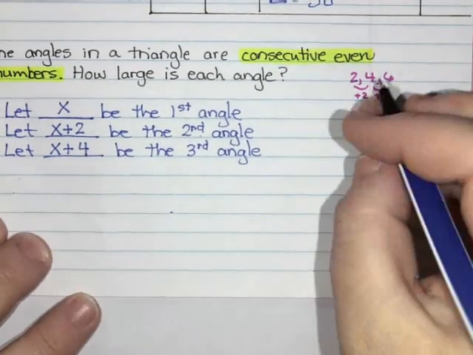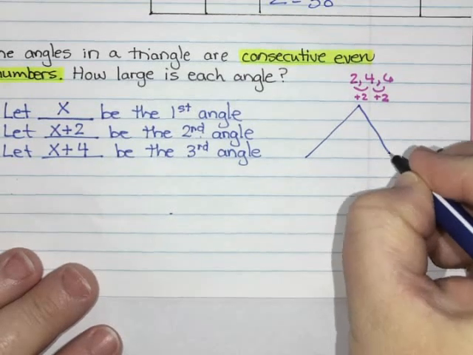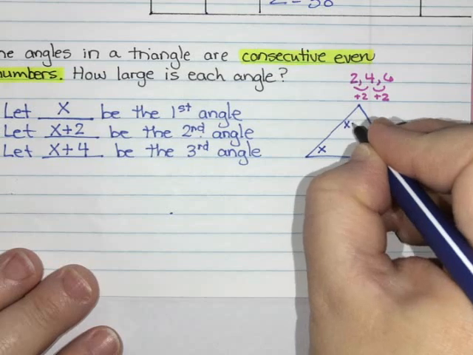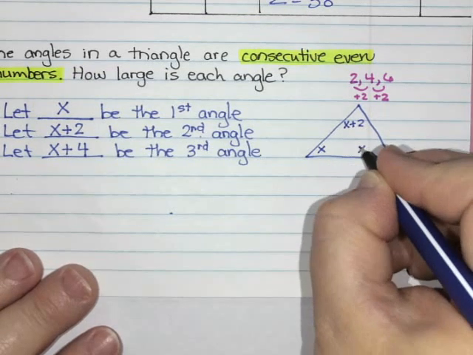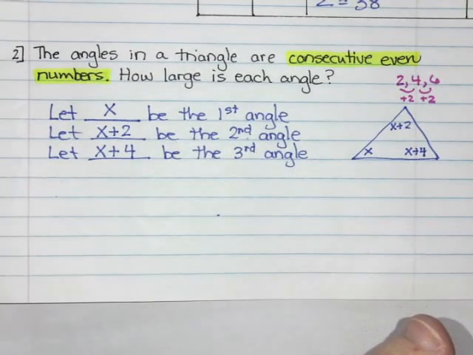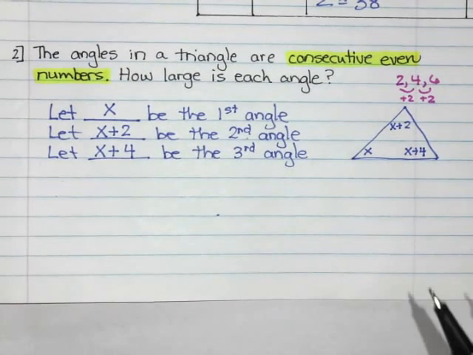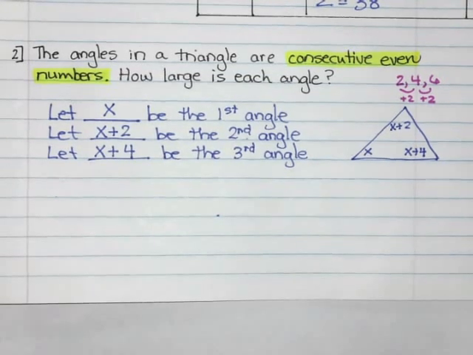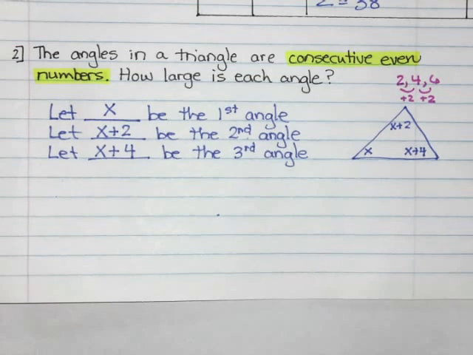And I think I might just draw myself a random triangle. I'm going to call this x, x plus 2, x plus 4. Now, normally in a word problem, it would have told me what the total was. It would have told me something about what they add to or subtract to or something that I could build an equation out of, and it didn't tell me that.